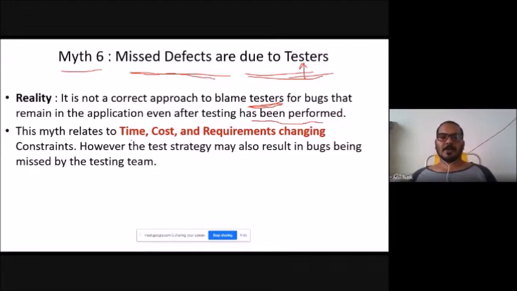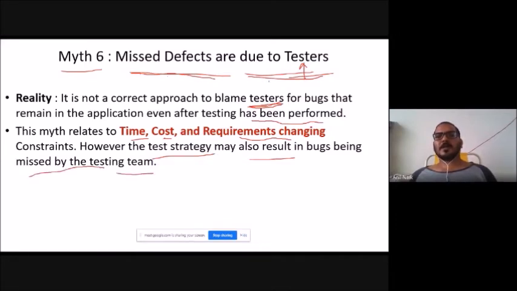This might relate to the time, cost, and requirement changing constraints. If the user is continuously changing the requirements, these are the constraints that affect it. However, the test strategy may also result in bugs being missed by the testing team.